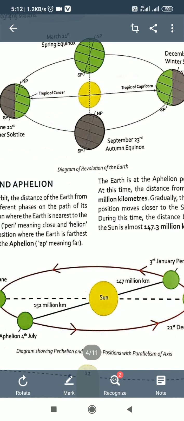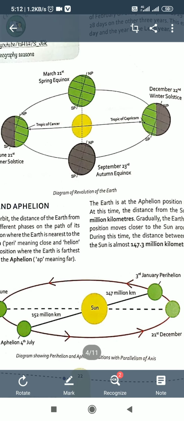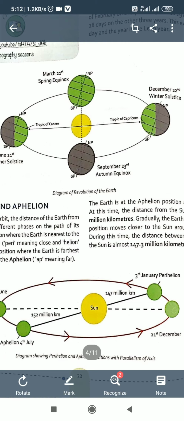With the help of this figure, you can understand this. Here, the aphelion is 4th July, at 152 million kilometers, and on 3rd January it is 147 million kilometers. Now, according to Kepler's law of planetary motion, the Earth moves fastest when it is in perihelion and slowest in aphelion.